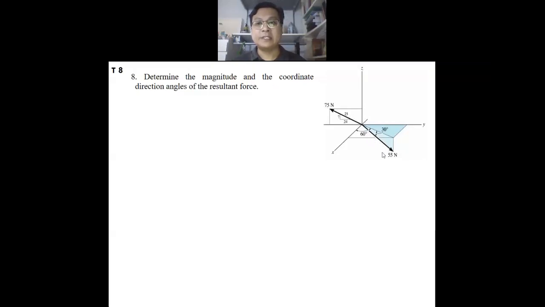And then if we check force number 2, it has a direction at a certain angle in the x, 60 degrees, and also has z at 30 degrees and also a certain angle in the y.